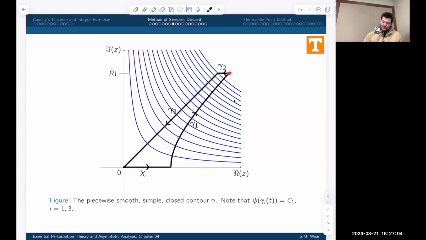Now I'm going to parameterize this stopping by a parameter called r. And I'm going to make it arbitrary at the moment. So this point out here, the value of the imaginary part is going to be r times I. And the value of x that gets me there, you can just solve for that value of x.